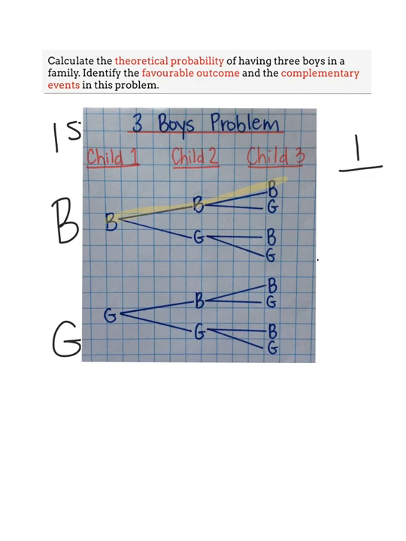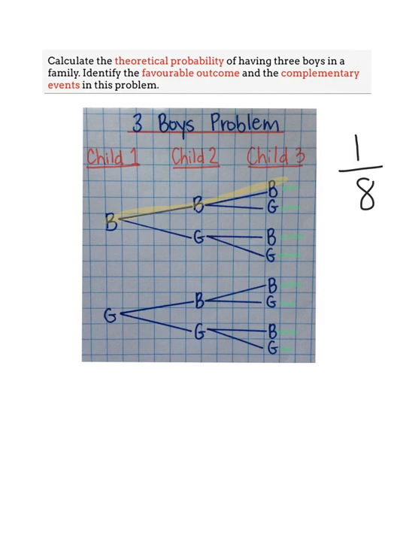Now I'm going to go through and highlight how many total scenarios I have. So I've got 1, 2, 3, 4, 5, 6, 7, 8. So I've got a total of 8 scenarios, 8 different combinations of what I might be able to have if we were to have three children.